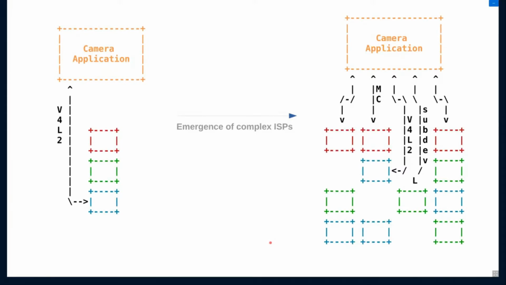Looking at a very high level for a camera application, earlier it was just V4L2, one place to look for frames, one place to control them. Now with the introduction of complex ISPs, the camera application would also need to know about media controller, like how media will flow through the peripherals, subdev. So it became a very complex task to write a camera application without knowledge of the hardware complexity you are handling.